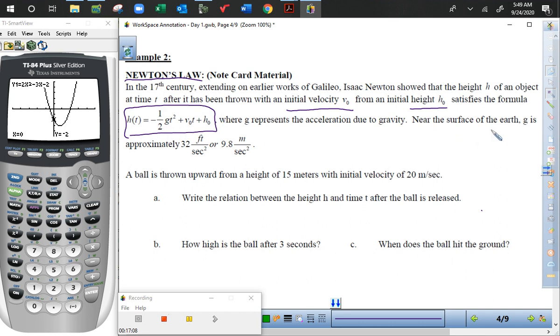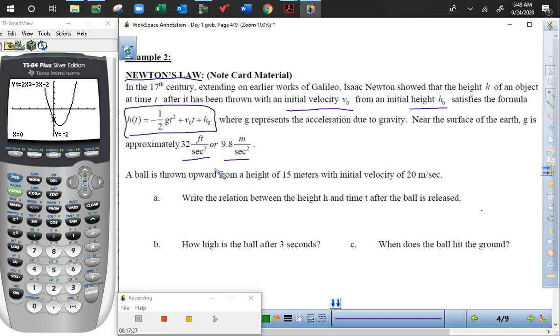On the surface of Earth, the acceleration due to gravity is always the same when dealing with feet or meters. So it's 32 feet per second squared if we're talking about feet, and it's always 9.8 meters per second squared when we're talking about meters.